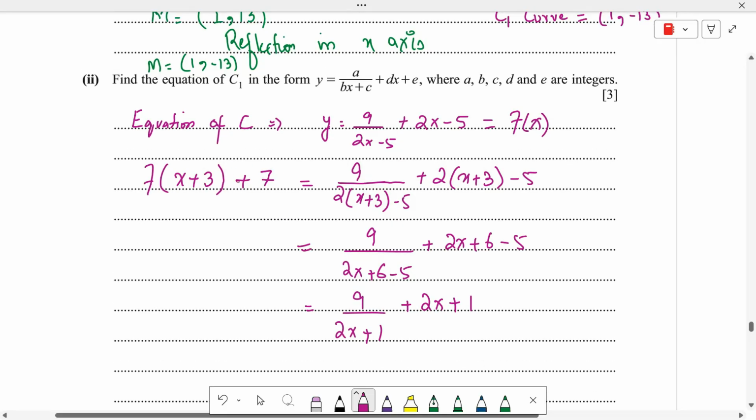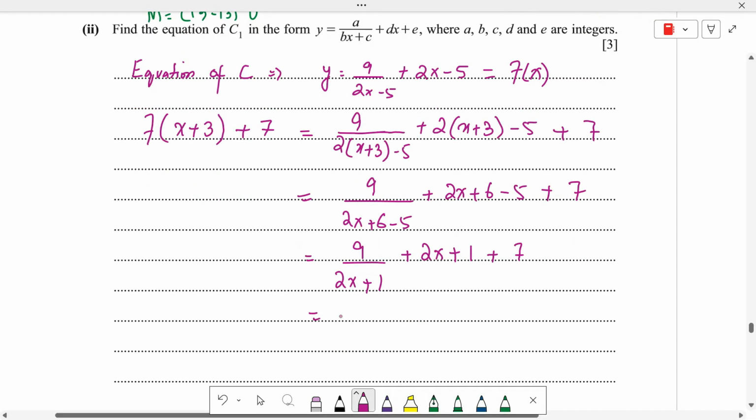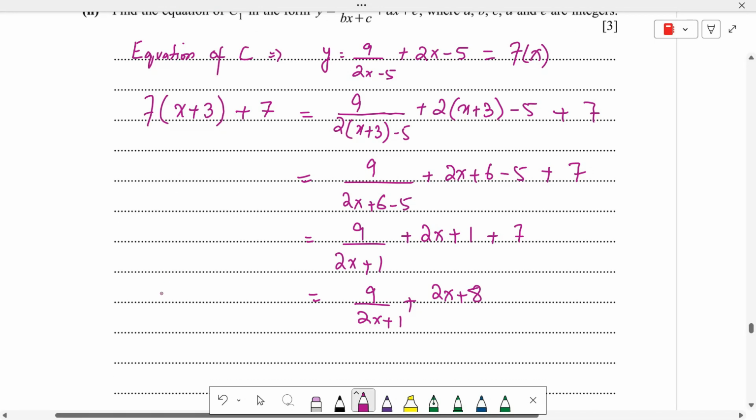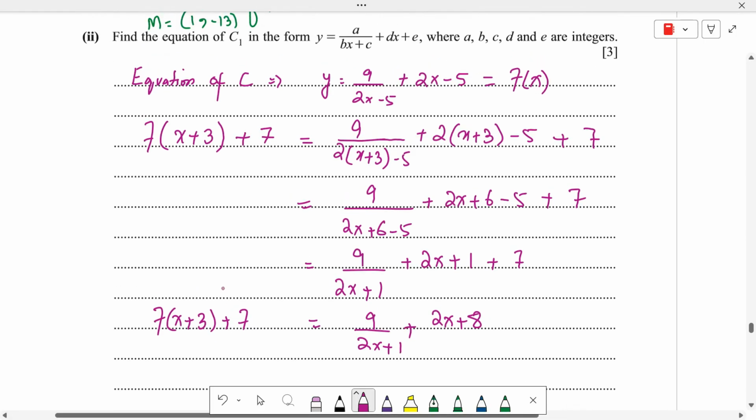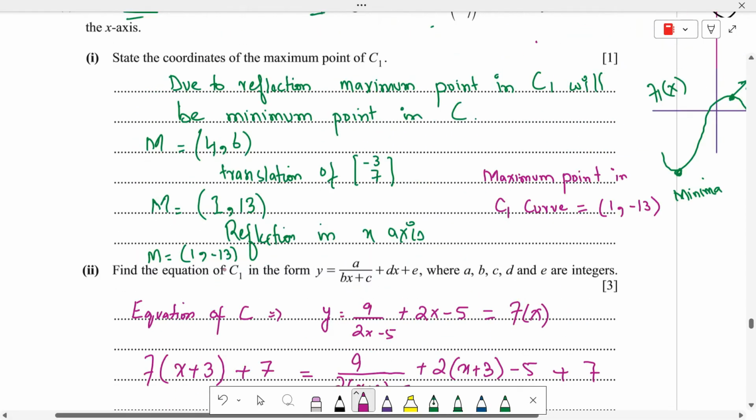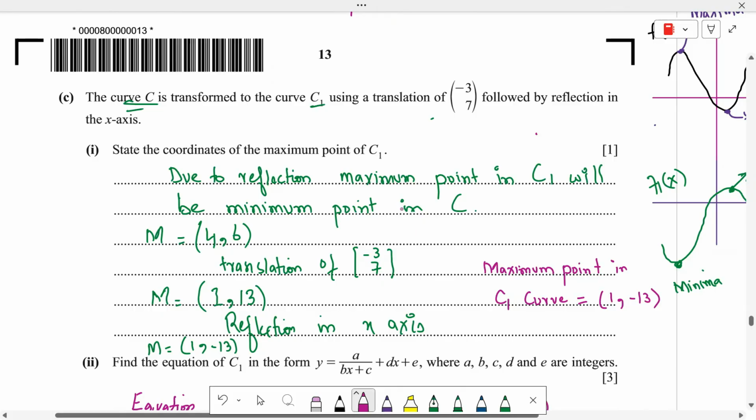Sorry, we forgot the plus 7, so this will be plus 7, and this will be 9 over (2x plus 1) plus 2x plus 8. So this is f of (x plus 3) plus 7, which has been translated by the translation of (-3, 7).